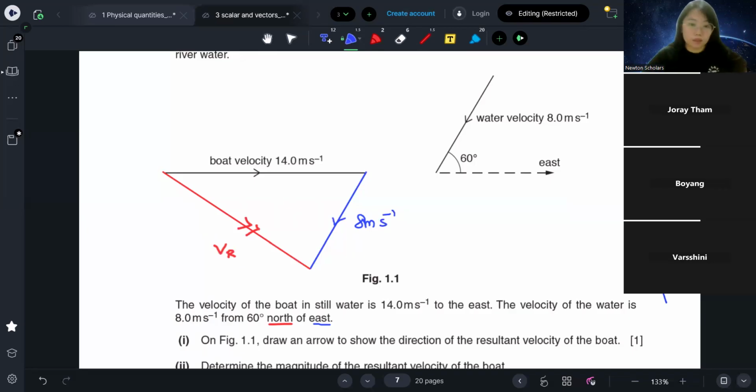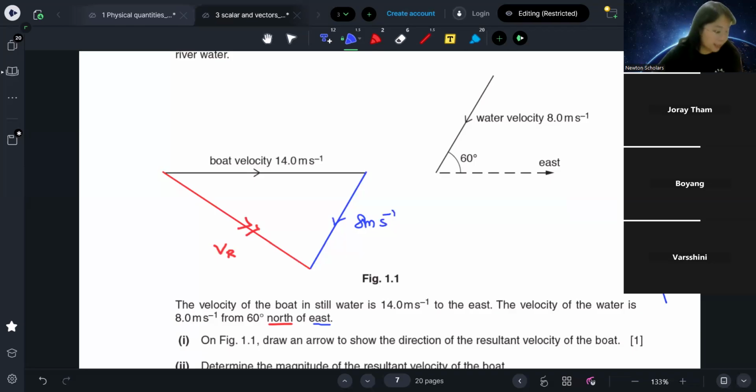So fast? Oh, good job. Yes, dear. 12.2. Are you able to use the cosine rule and find this? Manjo, Junho, Vashini, 12.2.